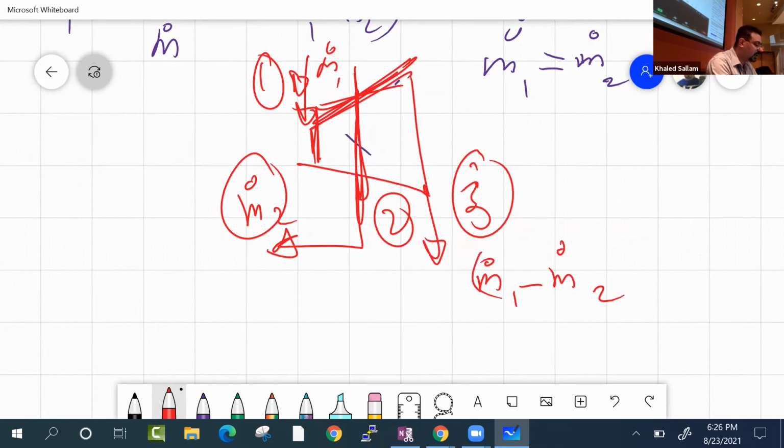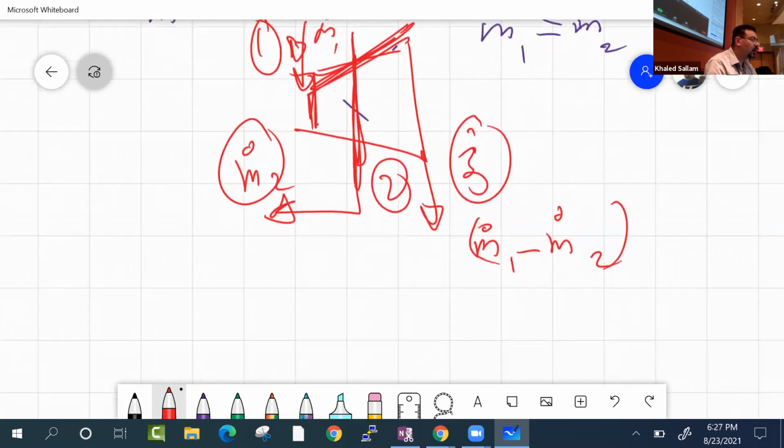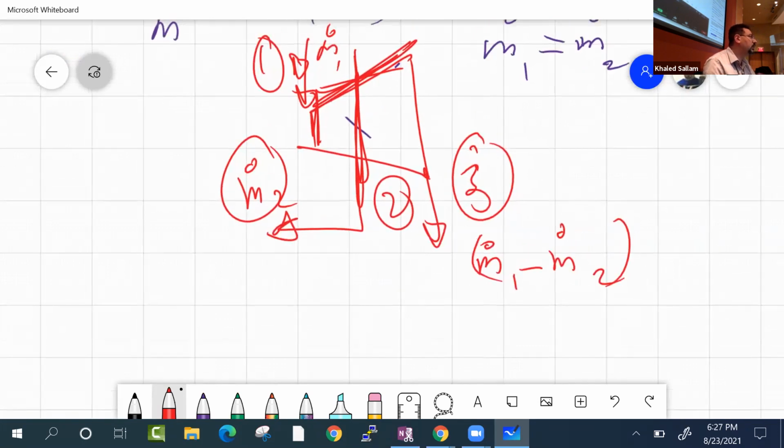So in this scenario, if you want to calculate work turbine, because he told me to calculate the thermal efficiency, and I know the thermal efficiency is work net over Q added, I want to calculate work turbine. So what should I do for work turbine now? I cannot say m dot H1 minus H3 anymore. I should do what?